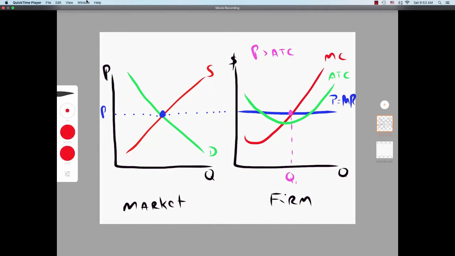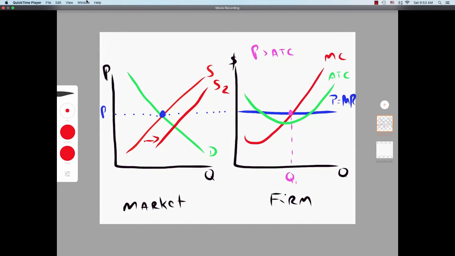And so if new firms start to enter the market, what happens? Well, in the market, the supply curve is going to shift. As we have new firms, one of our supply shifters was how many firms are in the market.